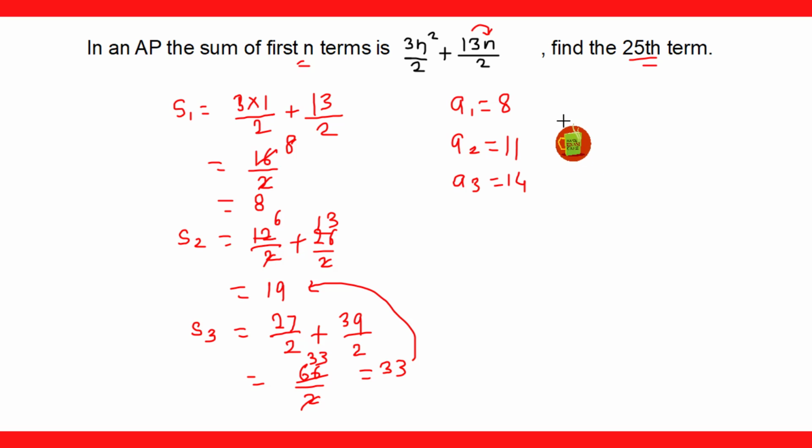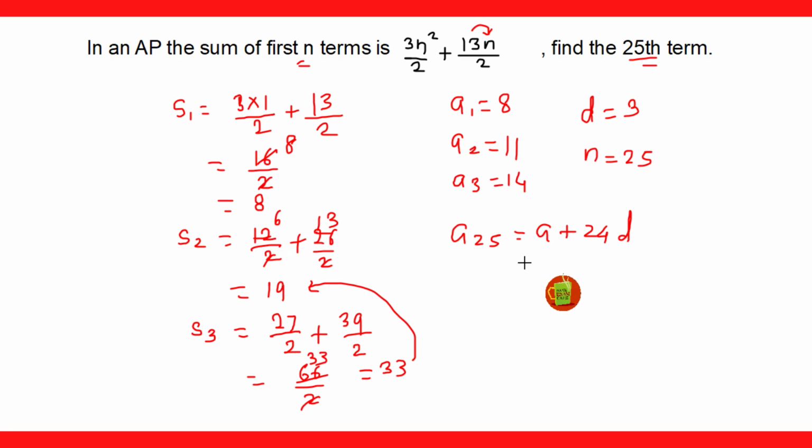So here the common difference D will be equal to the second term minus the first term, that is 3. So you have got the common difference, you have got the first term, and you have to find the 25th term. So 25th term means n is equal to 25, and so you can find A25, which is equal to A plus 24D.